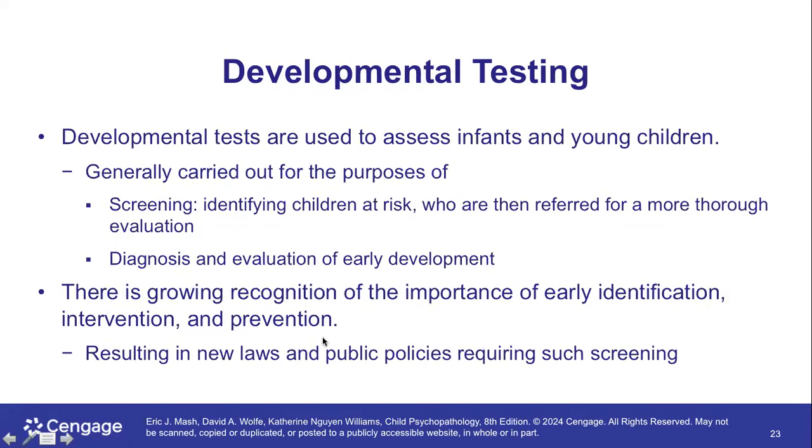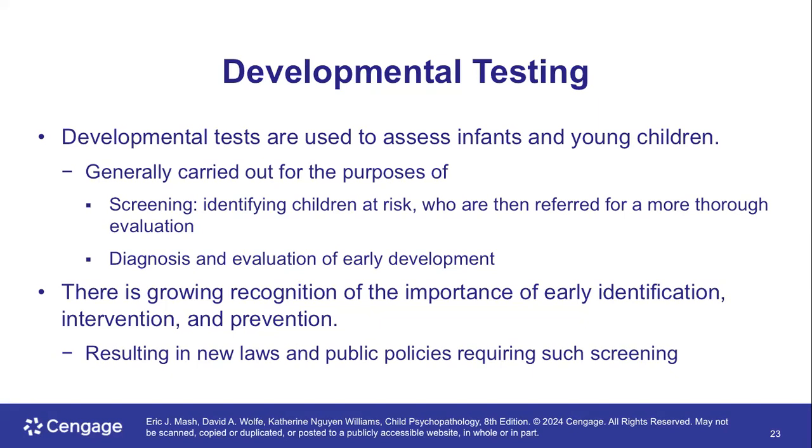We also have developmental testing, right? So developmental tests are used to screen or assess infants and young children. Generally, we want to see with screening whether or not children are at risk. A good example might be at a pediatrician's office. There is a screening for autism at 18 months and 24 months.